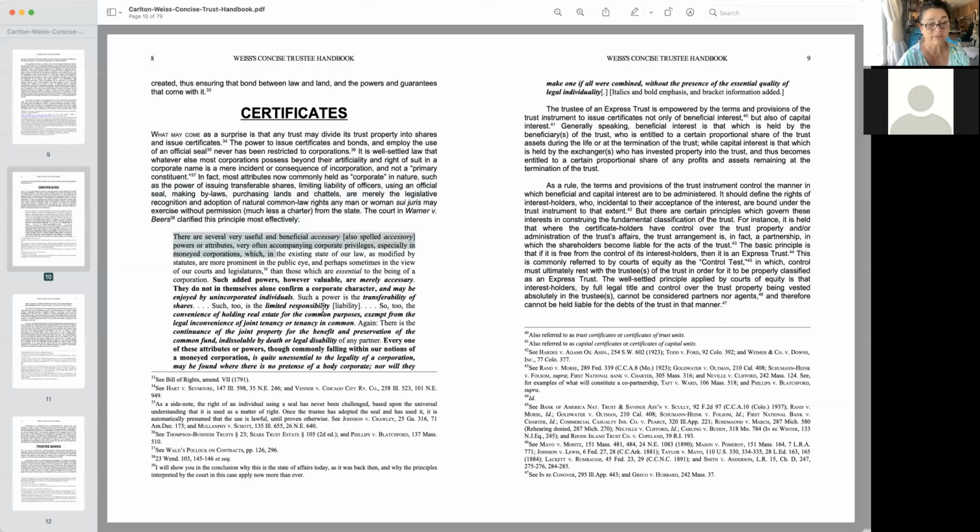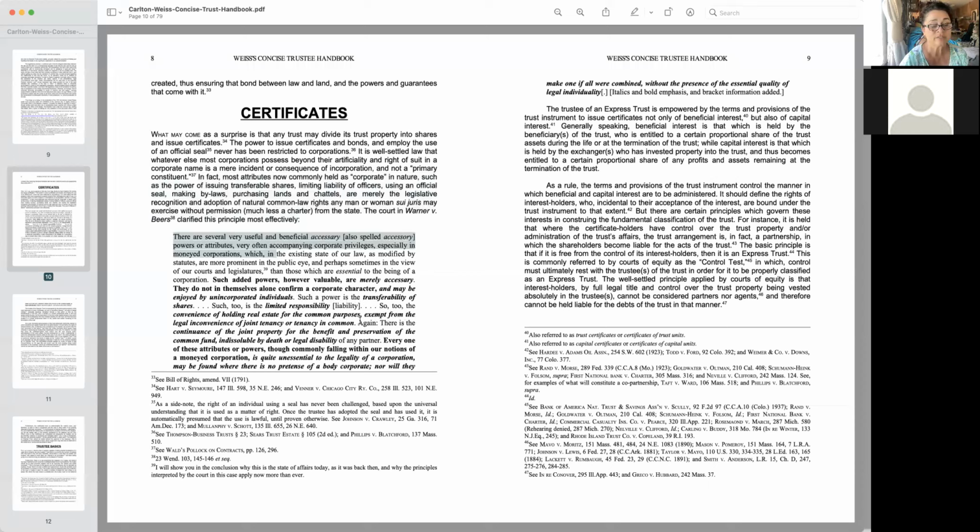Such too is the limited responsibility or liability. That's good news. So too, the convenience of holding real estate for the common purposes, exempt from the legal inconvenience of joint tenancy, or tenancy in common.